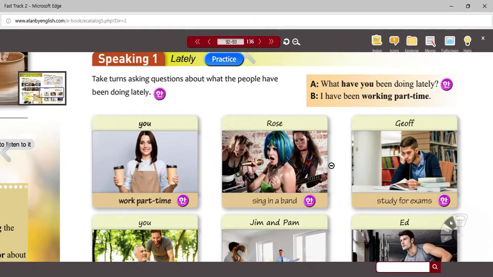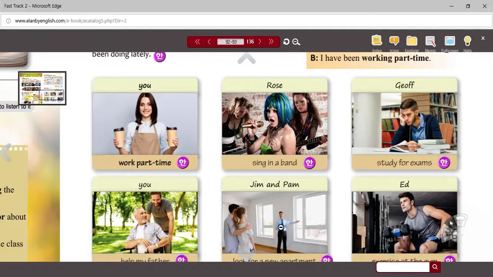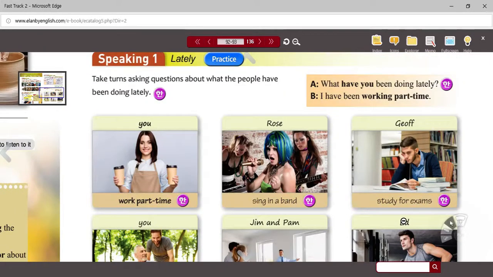So it's kind of a substitution drill, but it's good practice. So I want you to do this with your partner, or if you're studying alone, you can read both A and B, and create the sentence and give the answer. The first one is done for you. So you can do the second, third, and straight through to the end. Okay, do that, and when you're finished, we will review.